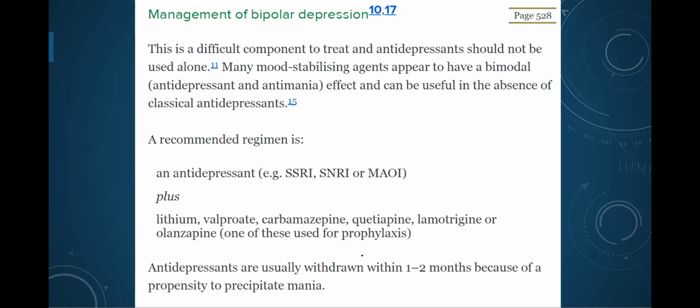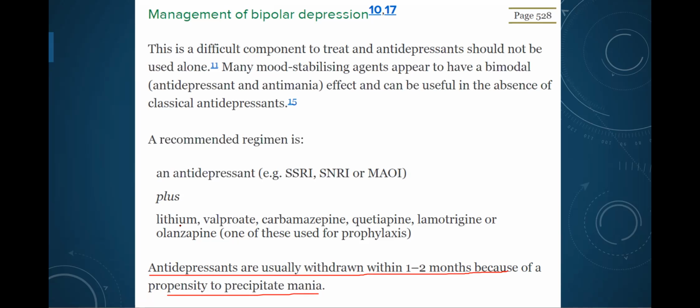And when the depression phase is over, you will gradually reduce antidepressant and stop antidepressant, and the patient will continue taking lithium just as a maintenance treatment. See the last line, antidepressants are usually withdrawn within 1 to 2 months because of increased risk of precipitating mania.